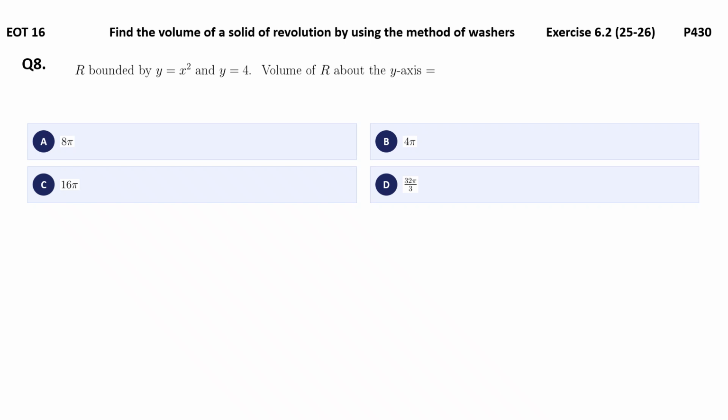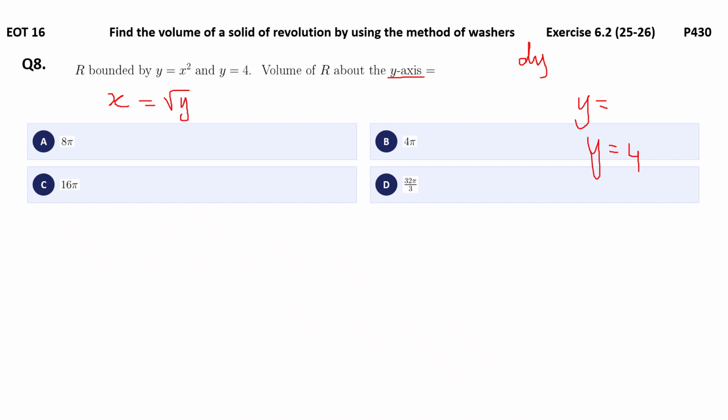Volume about the y-axis. When it is about the y-axis, our expression should be in terms of y, and also we will look for the limits in terms of y. Already one of the limits is given, that is y equal to 4. If we look for the function, let us transpose and find x as root y. So now it is in terms of y. If you look at the expression, this is about the y-axis.